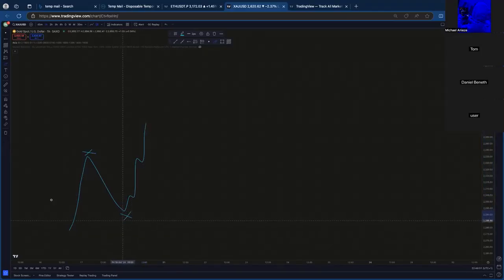If I have a swing high and a swing low, there are price movements that led to the creation of this movement right here. There are price movements that led to the formation of this thing that we're looking at, right?